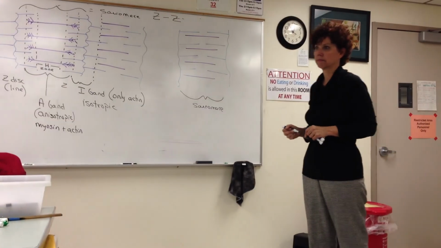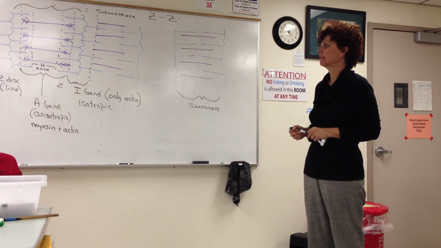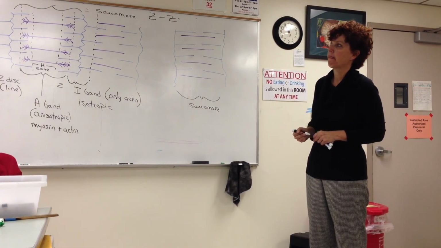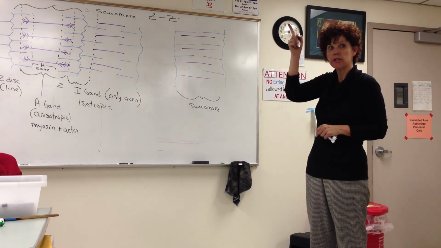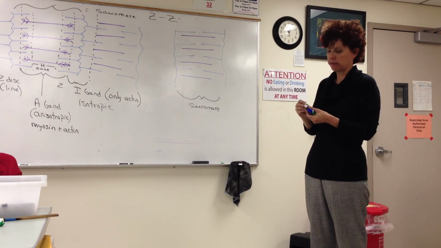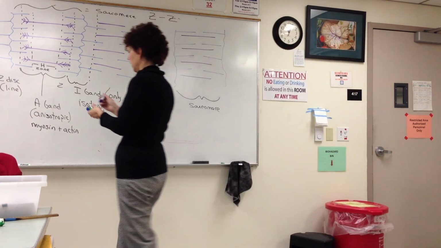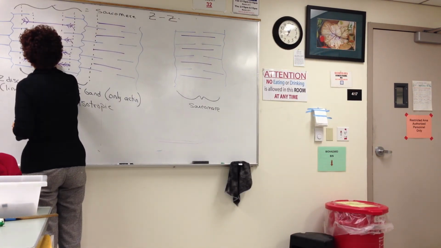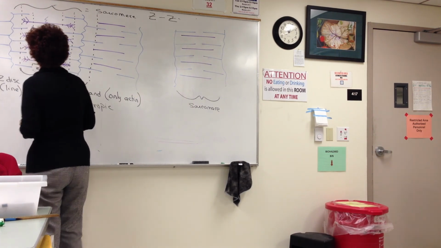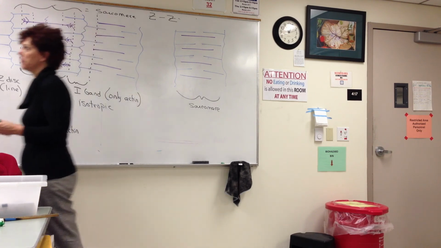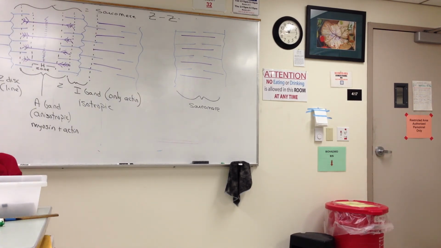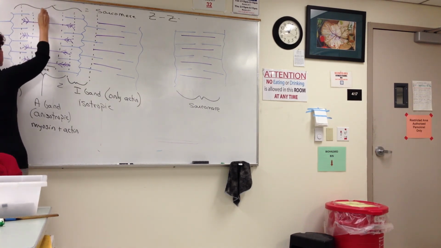It doesn't stand for anything other than H zone. The dark line that runs through the H zone is due to proteins that connect each myosin to another myosin. And that's what you see right here. And so that is identified as the M line.